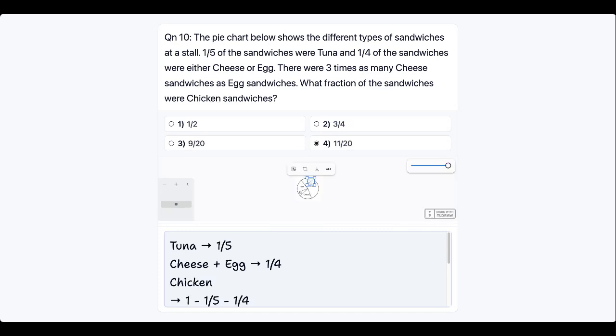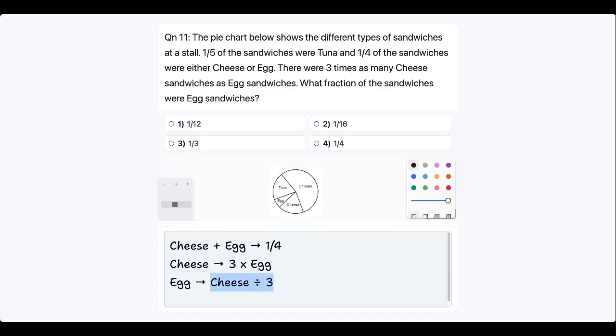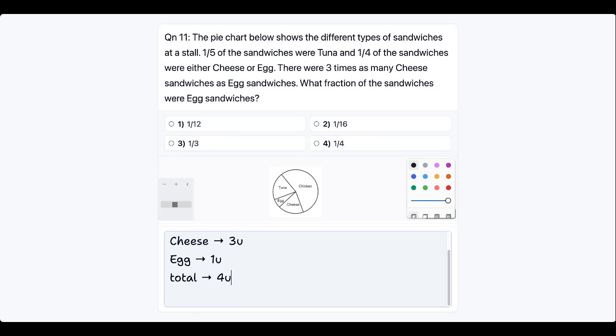Or simply put, the easier way I would say is, cheese is equal to 3 units, egg is equal to 1 unit. So in this sense, total is equal to 4 units, right?